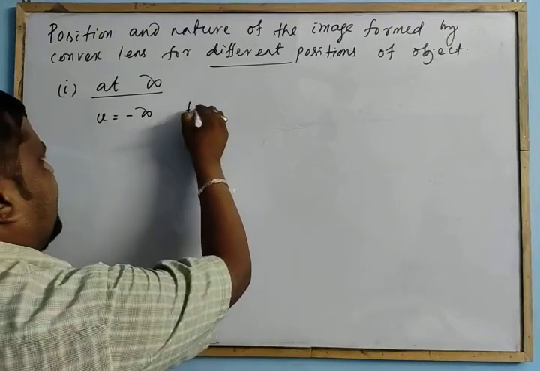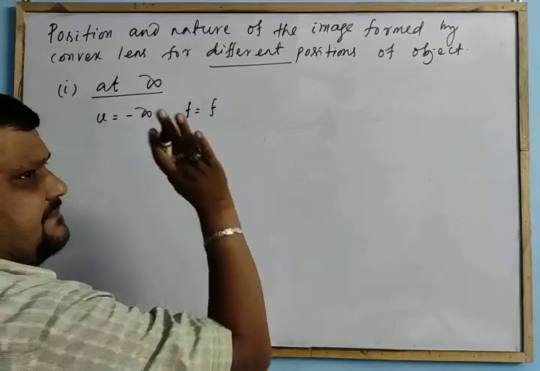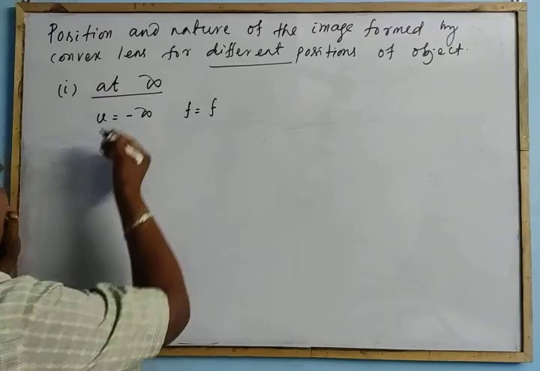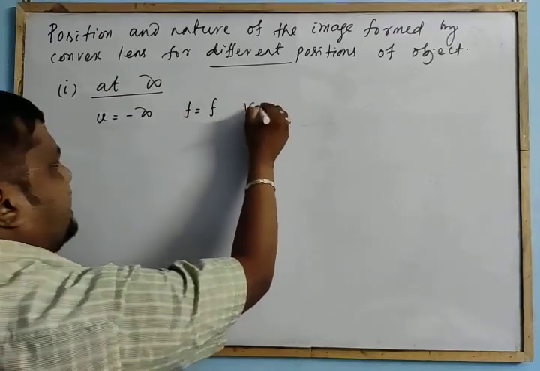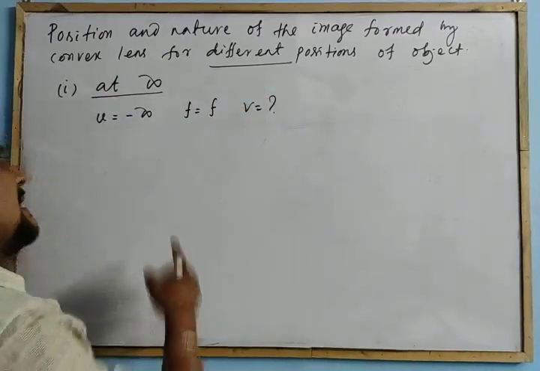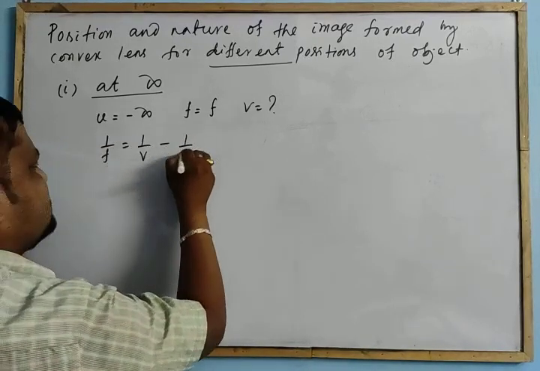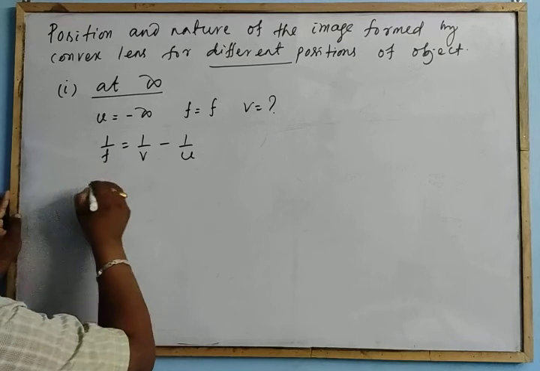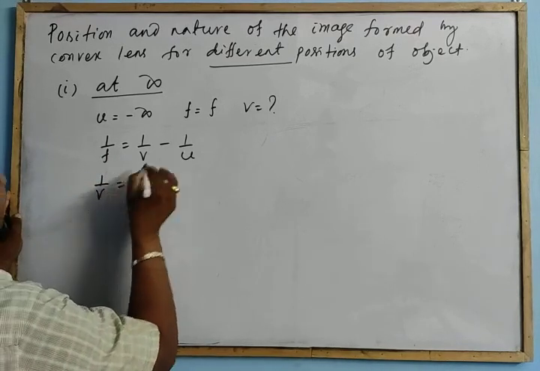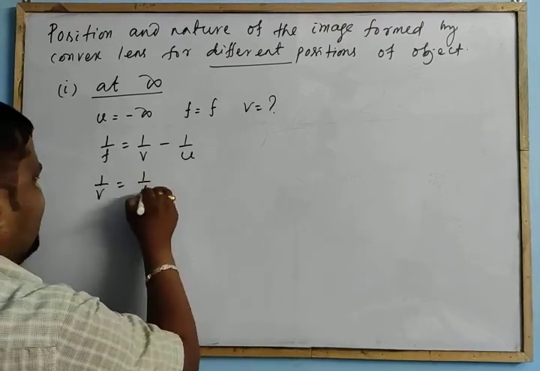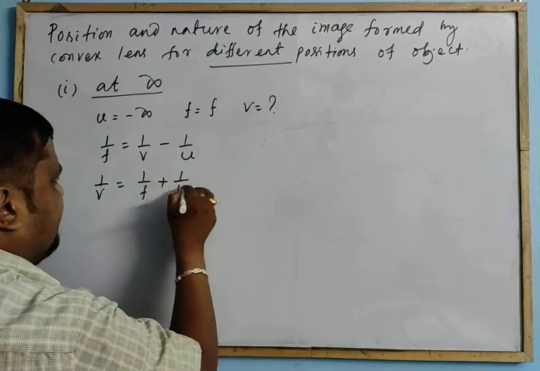Then, as you know, for a convex lens the focal length is plus f using sign convention. Then I will find v, the image distance, using the formula 1 by f equal to 1 by v minus 1 by u. In that formula, 1 by v is equal to 1 by f plus 1 by u.